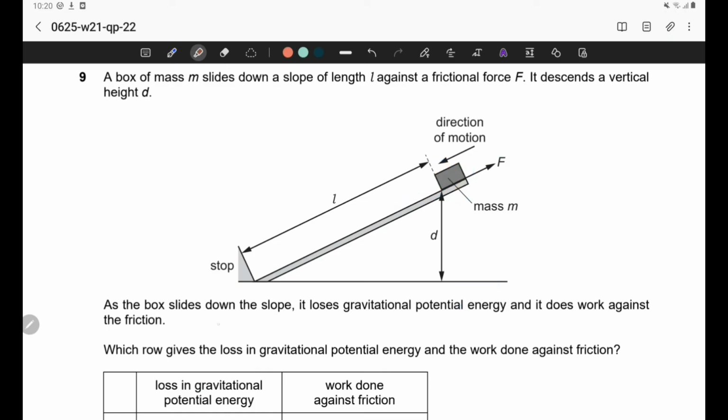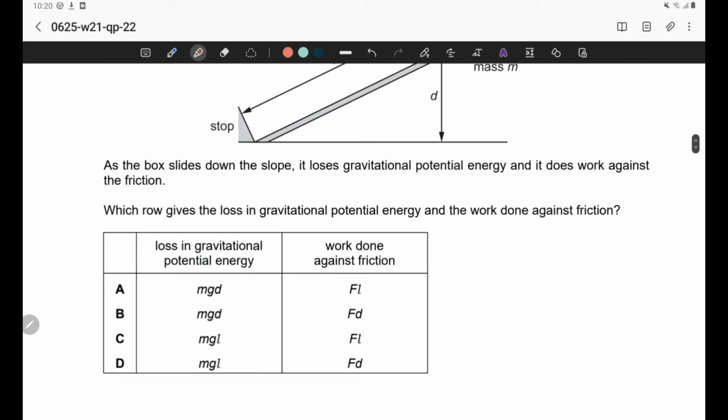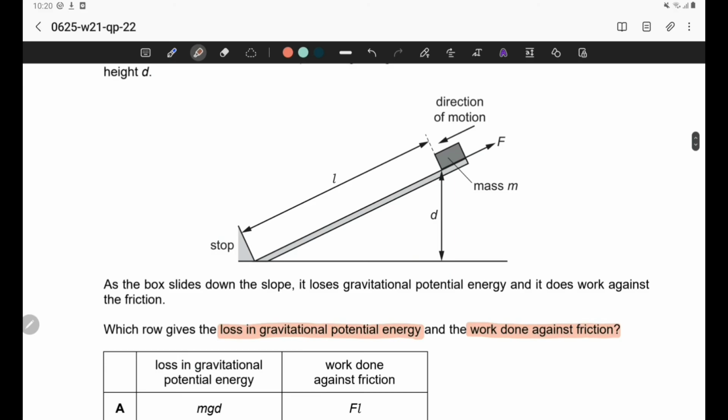As the box slides down the slope, it loses gravitational potential energy and it does work against the friction. Which row gives the loss in gravitational potential energy and work done against friction? So we can see what is the loss in gravitational potential energy.